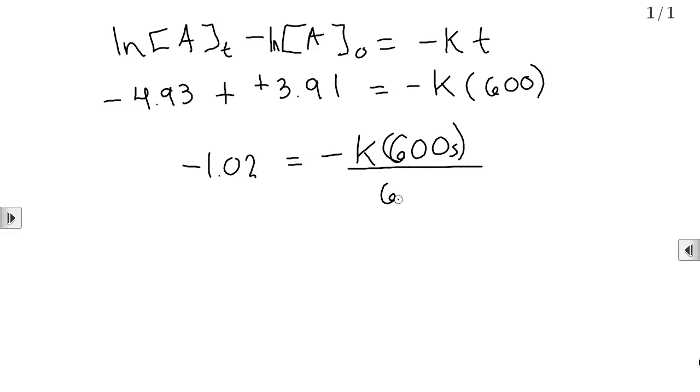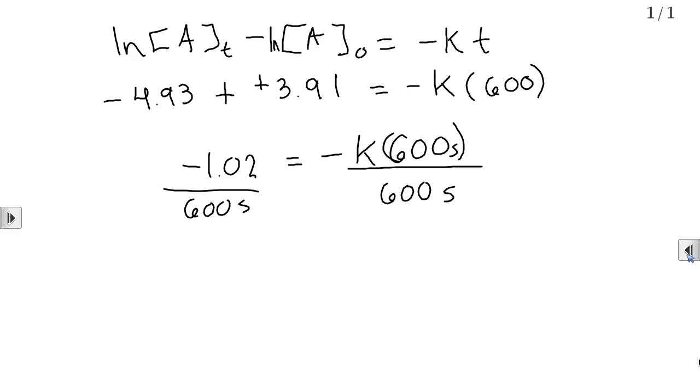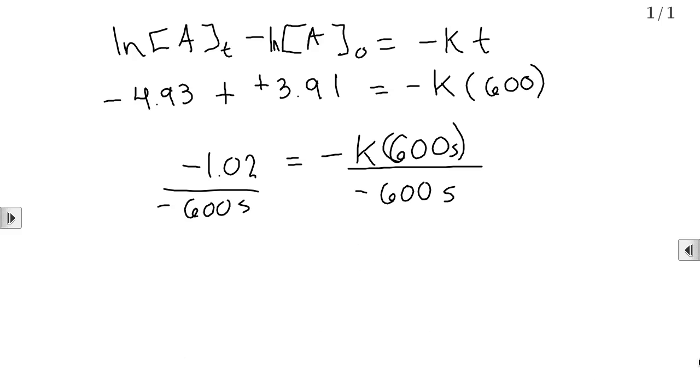So I'm going to divide both sides by negative 600 seconds. Whatever that divided by negative 600 is. Still 1.7.